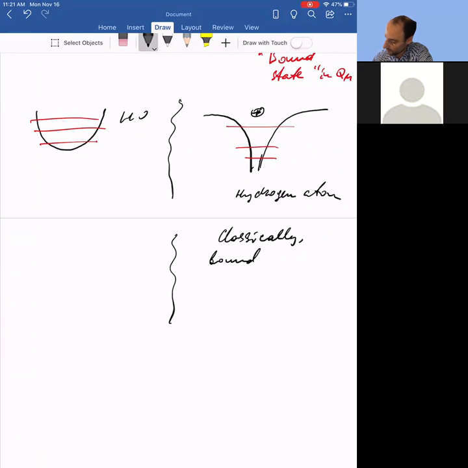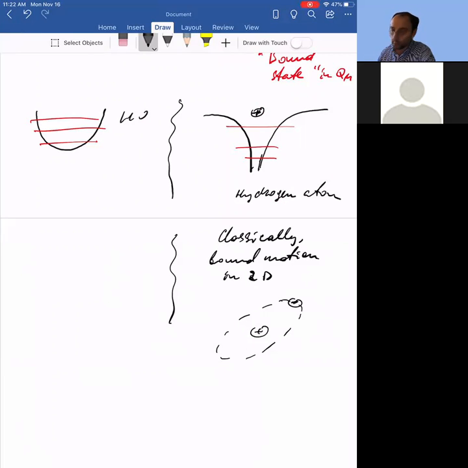Bound motion in 3D, or let's say in 2D, is like this. So you have a negative charge orbiting a positive charge, which is exactly the same physics as Earth orbiting the Sun or the Moon orbiting the Earth.